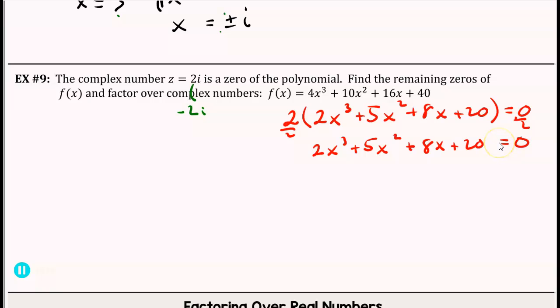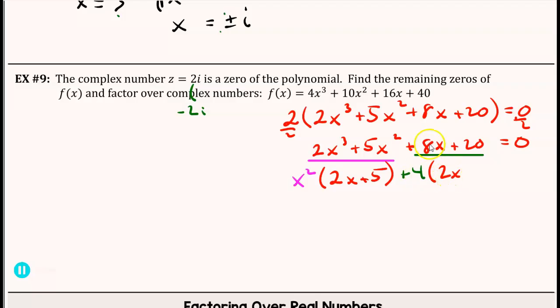All right. So now we can look at grouping and look at the first 2, factor a GCF out. Right, so we have, looks like just x squared, right? We can take an x squared out. So we have 2x plus 5. Good. And then we can do the next 2, factor a GCF out of here. So 4 looks like goes in 8 and 20. Keep the colors consistent. So if I take a 4 out, notice how I get 2x.